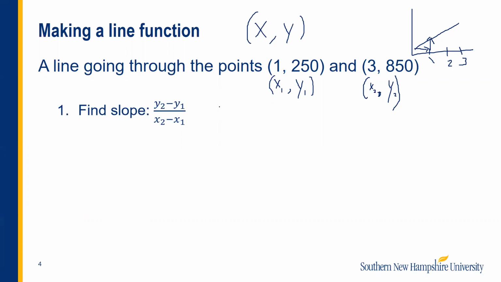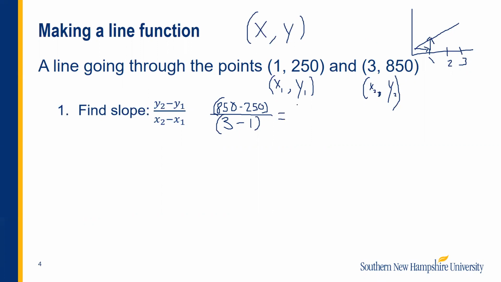So to do that, we take the second y, 850, and we subtract our first y, 250. And that will be over x2 was 3, and x1 is just 1. So the y points get subtracted, and the x points get subtracted. So we see 850 minus 250.